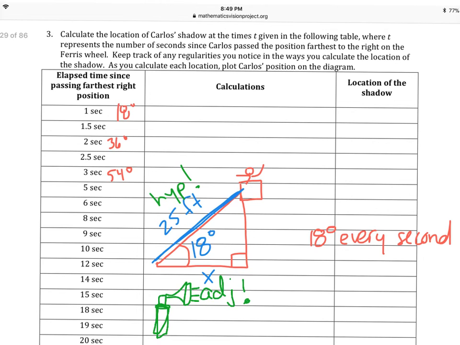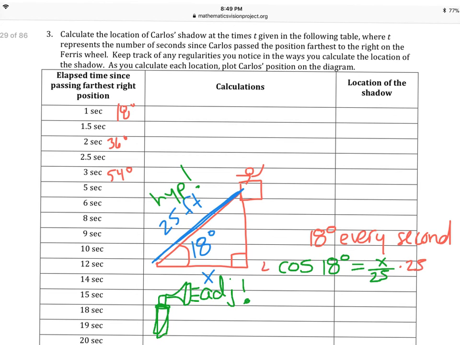Okay, so we have the adjacent and the hypotenuse. Y'all, what ratio is adjacent and hypotenuse? It's the cosine. So the cosine of this angle, 18 degrees, is equal to the adjacent, x, over the hypotenuse, 25. How do we get rid of that 25?